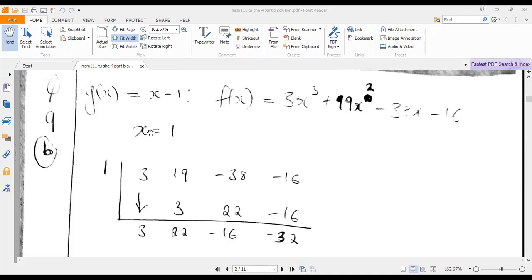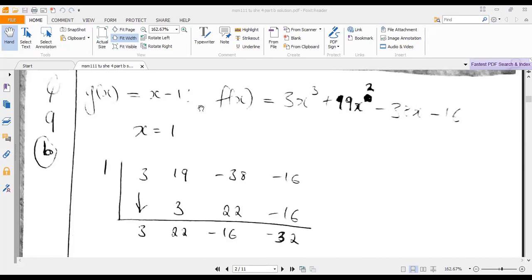That's the question. So we're trying to show that g of x is a factor of this. And we know that a factor is something that will give us a remainder of 0. When the remainder is not 0, then that's not a factor.